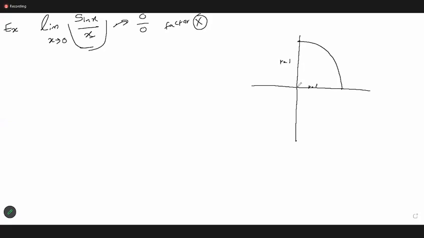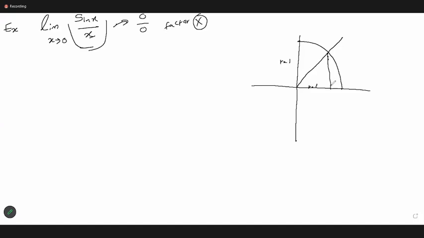So I'm going to draw some triangles and try to compare the areas, right?